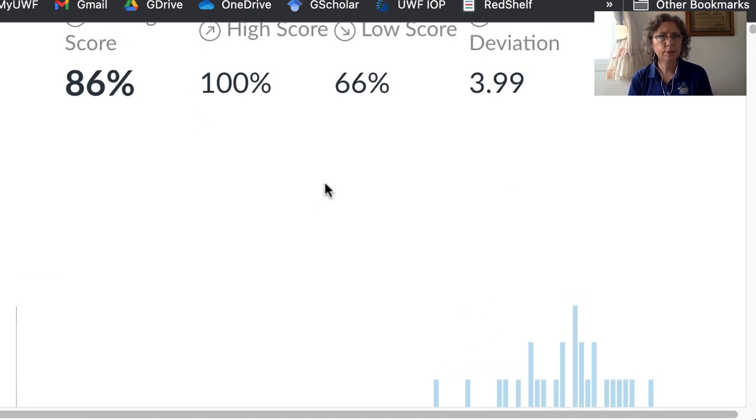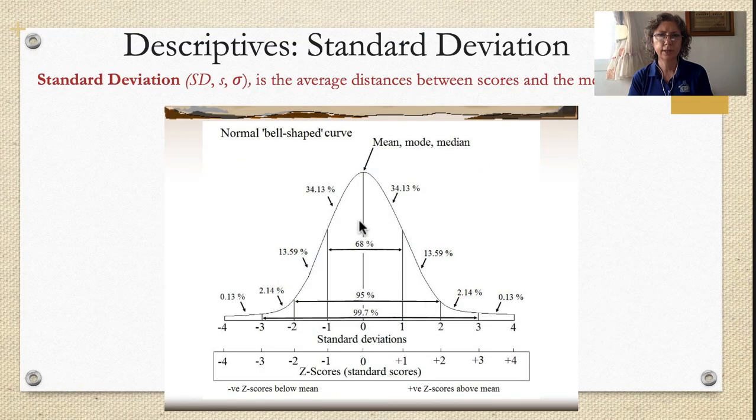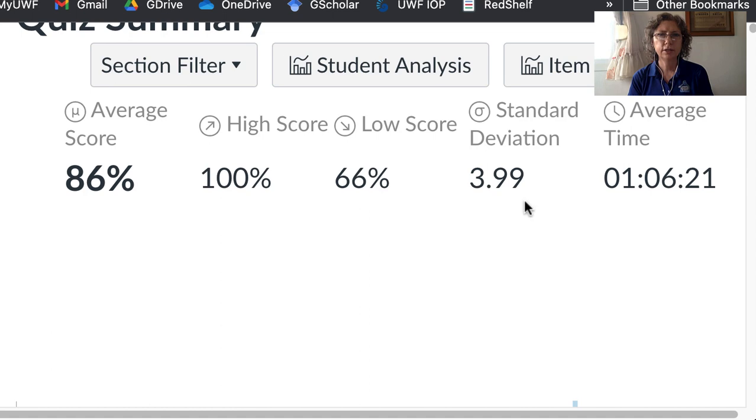But here's what we want to look at. The mean is 86%, but the standard deviation is almost 4%. Again, the standard deviation is in the same units as whatever the mean is. So looking at our curve right here, that means between the mean and the first standard deviation is almost 4%.